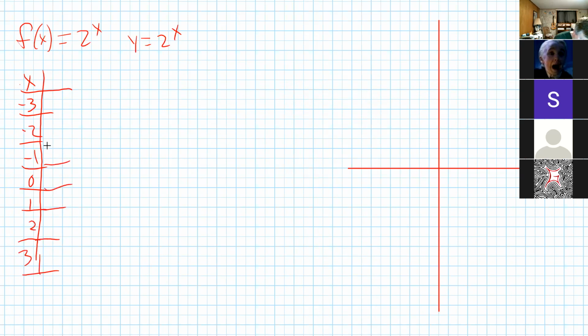This is 1/8, 1/4, 1/2, 1, 2, 4, and 8. And our graph, we have this, and then this, and then this, this, this, this, and that.